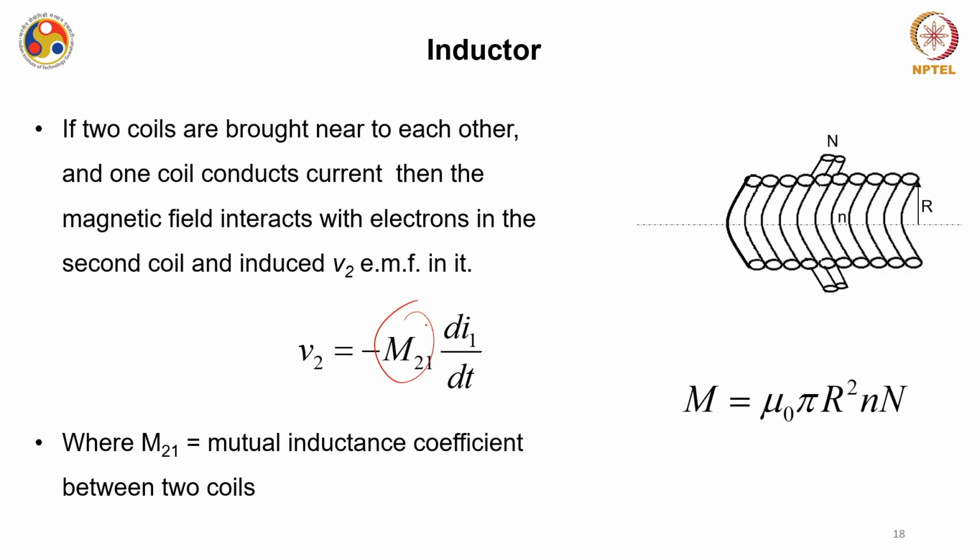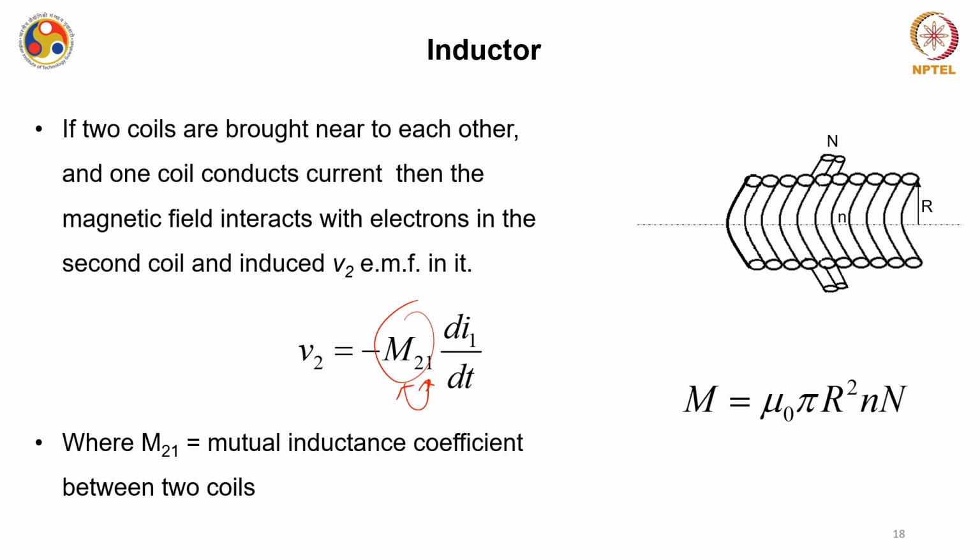So the induced voltage through this mutual inductance, this V2, can be given as minus M into di1 by dt, and M is sometimes written as M21, which suggests the induction of voltage in the second coil due to the first. So this M21 is the mutual inductance coefficient between these two coils.